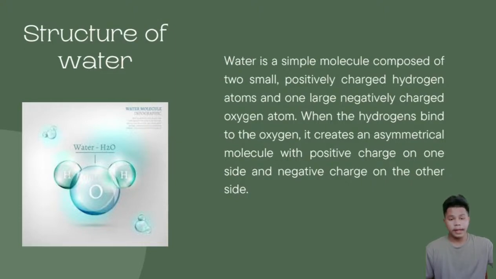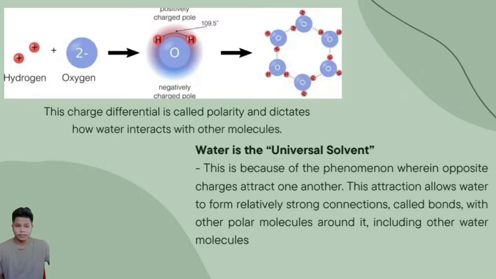When the hydrogen binds to the oxygen, it creates an asymmetrical molecule with a positive charge on one side and a negative charge on the other side. This charge differential is called polarity and dictates how water interacts with other molecules.